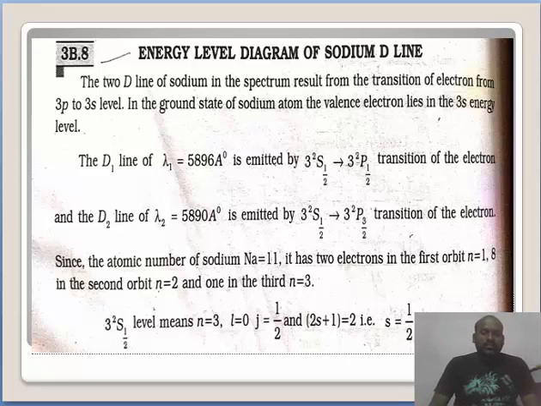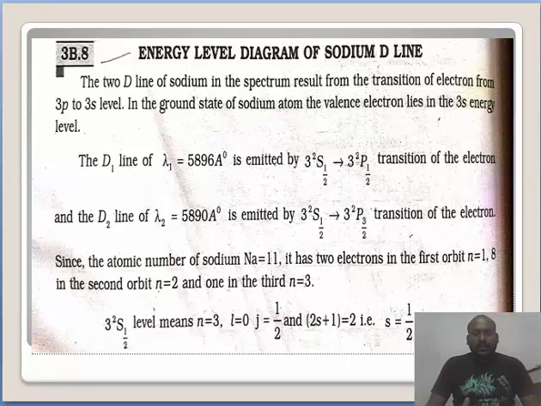Which line can we call the D1 line? It is the one having a wavelength of 5896 angstrom. This wavelength is emitted by the transition of the electron from 3p1/2 ²P to 3s1/2 ²S.